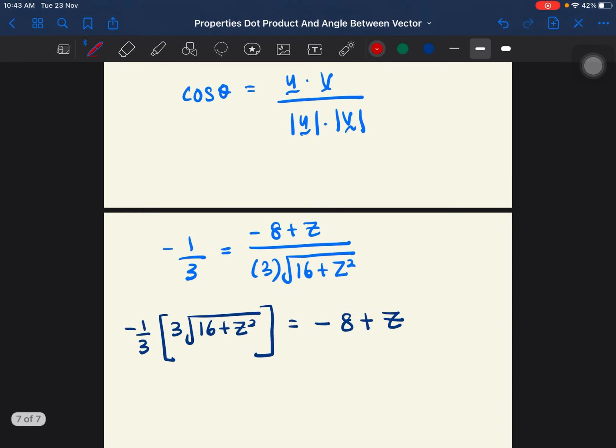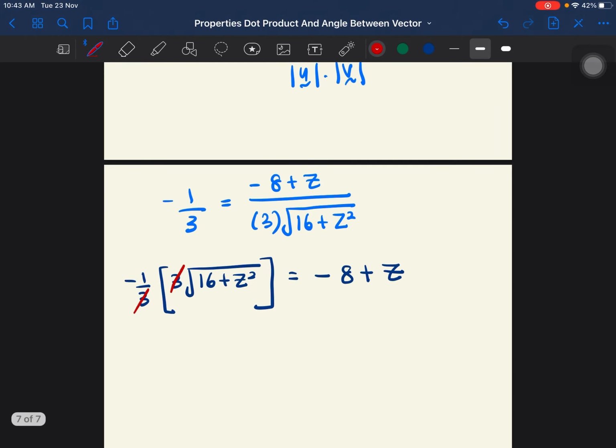Okay, so you can simplify this one, and this will give you negative square root of 16 plus z squared is equal to negative 8 plus z.